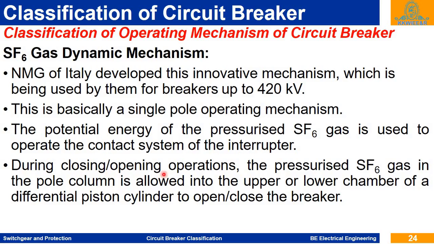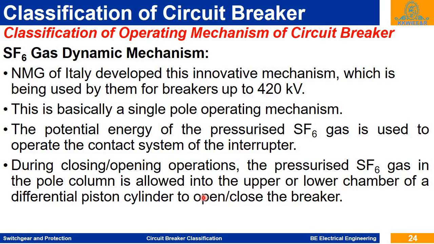During the closing and opening operation, the pressurized SF6 gas in the pole column is allowed into the upper and lower chamber of the differential piston cylinder. Again, the cylinder is moved based on the SF6 pressure in the upper or lower chamber.